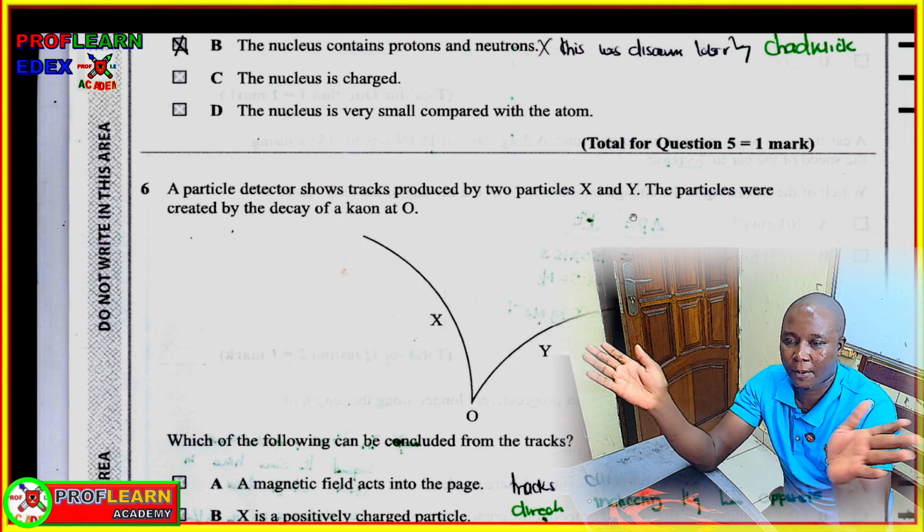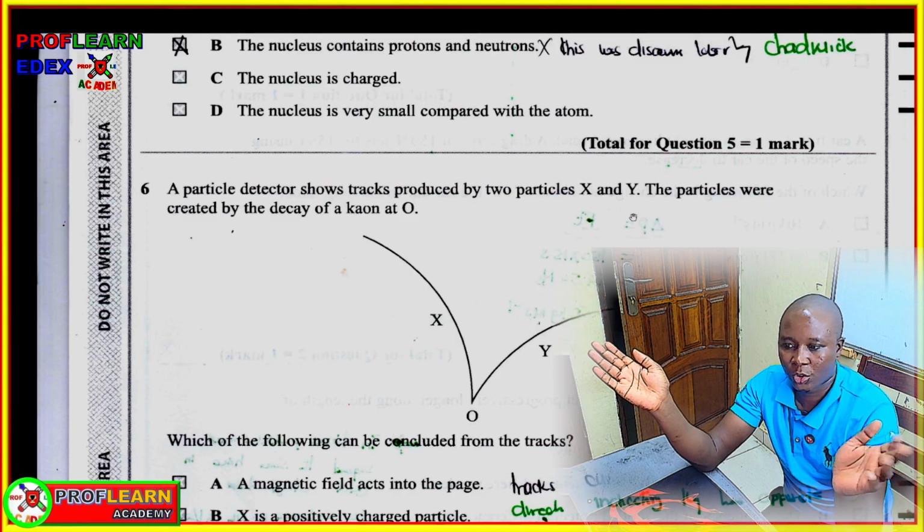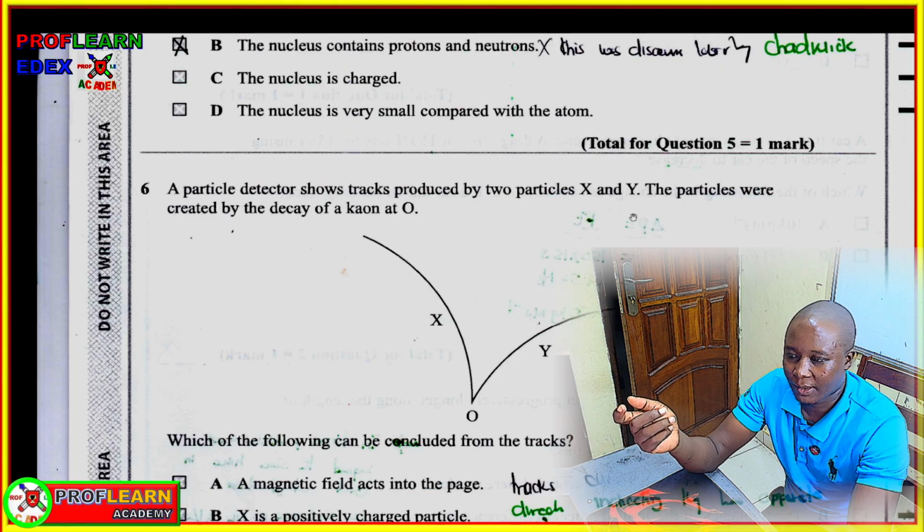Since the tracks are moving in different directions, we can ascertain that X and Y have opposite charges.